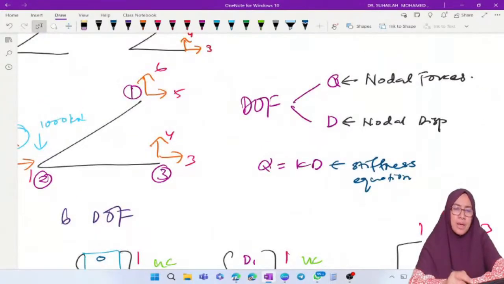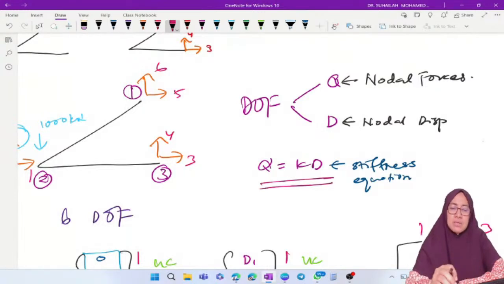We will use the stiffness equation to solve for the unknown displacement. Unknown displacement is the first output, like I have mentioned in my previous session. Remember, the stiffness method is also known as the displacement method. Why is it called the displacement method?